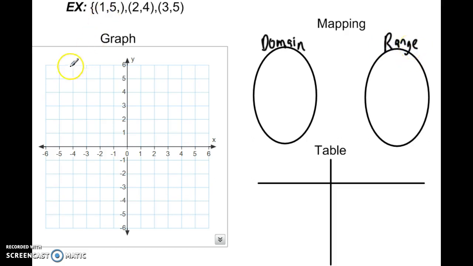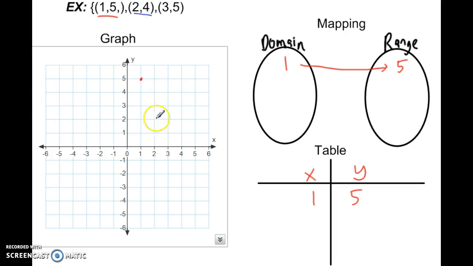And so, if we were to graph the point 1, 5, like we did a second ago, we would also say 1 maps to 5, where 1 is the domain and 5 is the range. We could call this x and y here for the table. So in the table, that would be 1, 5.